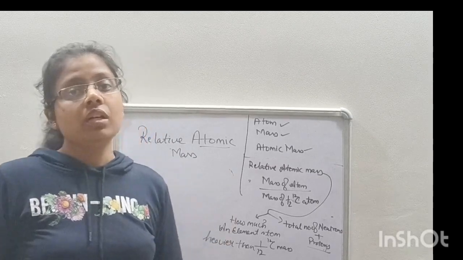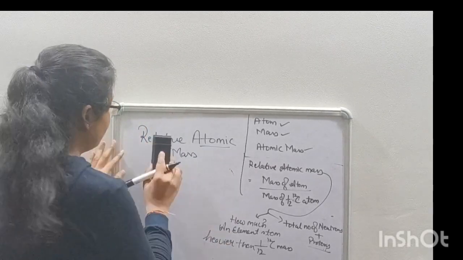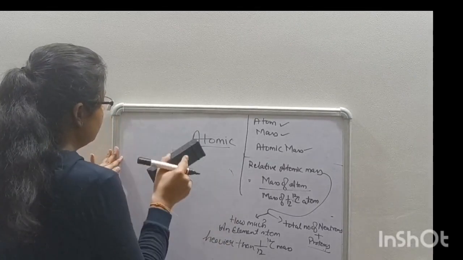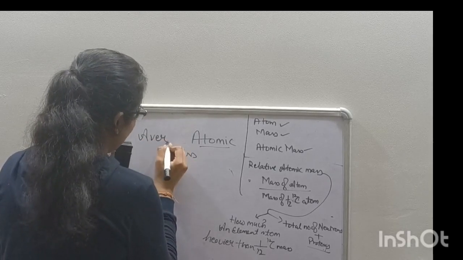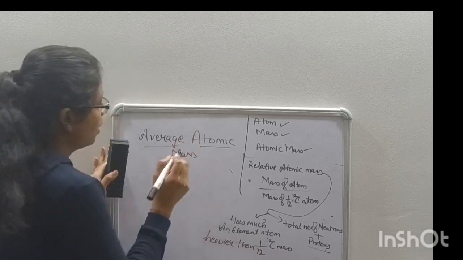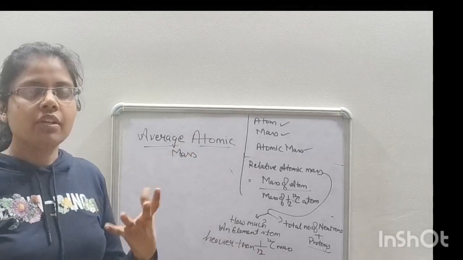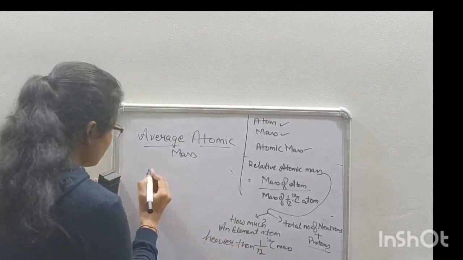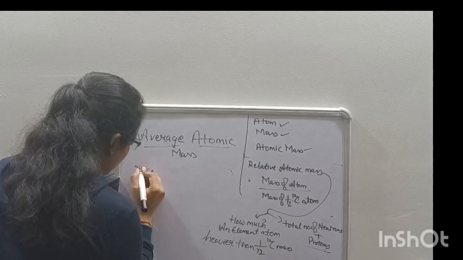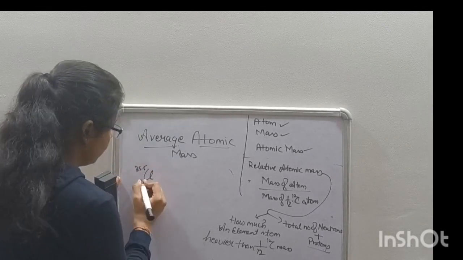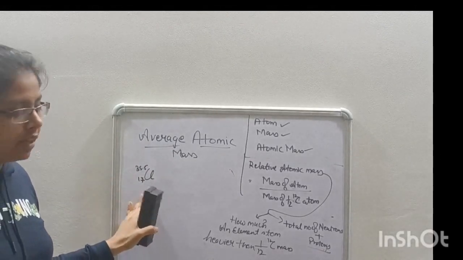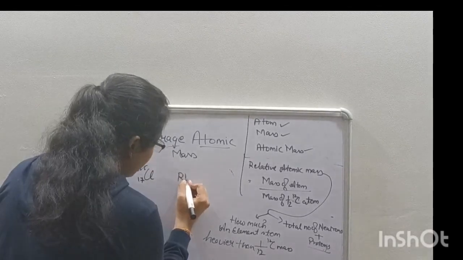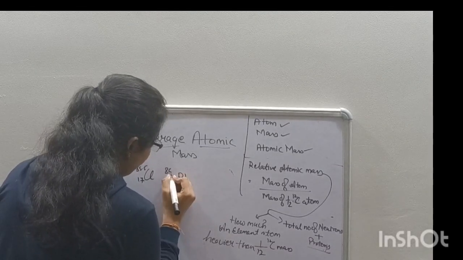The answer comes from another term, which is called average atomic mass. To understand this, let's take an example. The mass of chlorine is found out to be 35.5. Similarly, the mass of rubidium is found out to be 85.5.